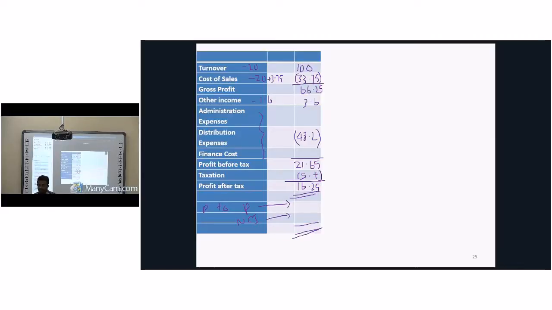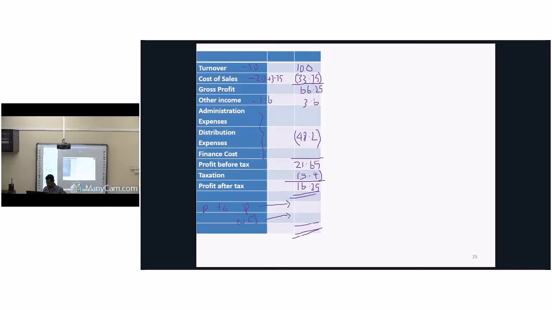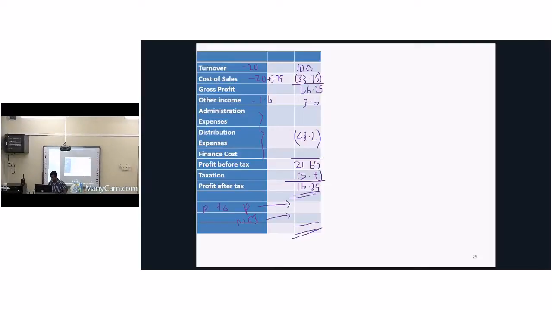Very simple formula. See how much it is.